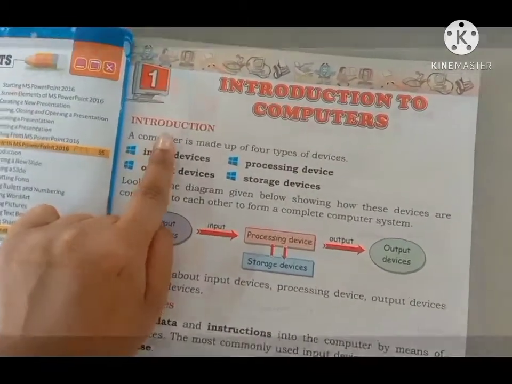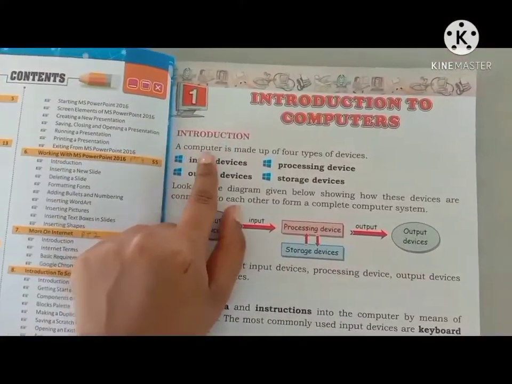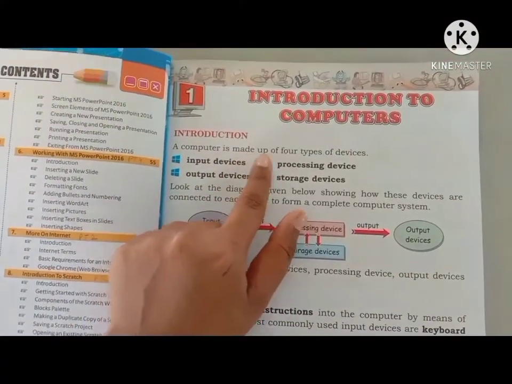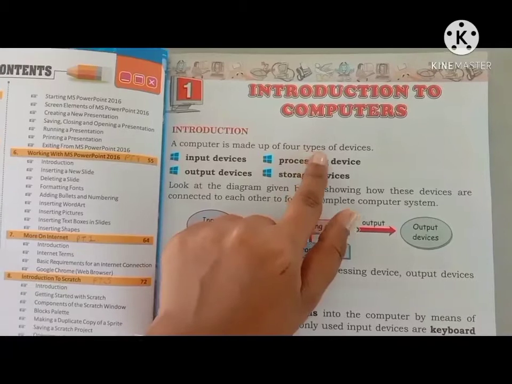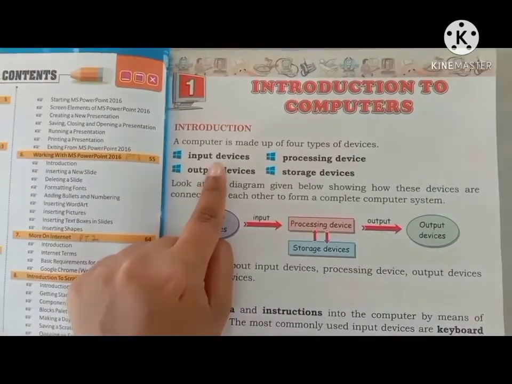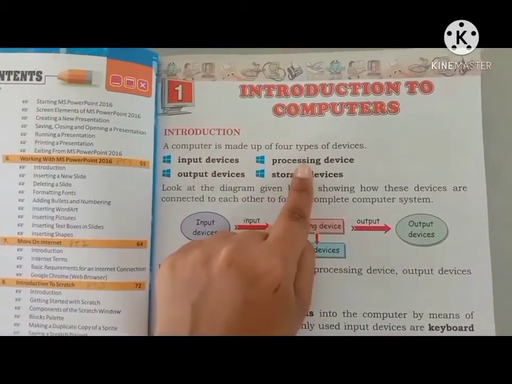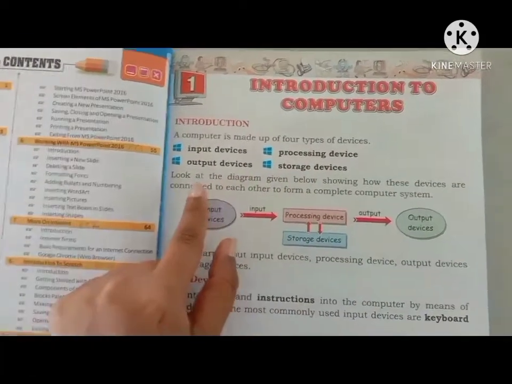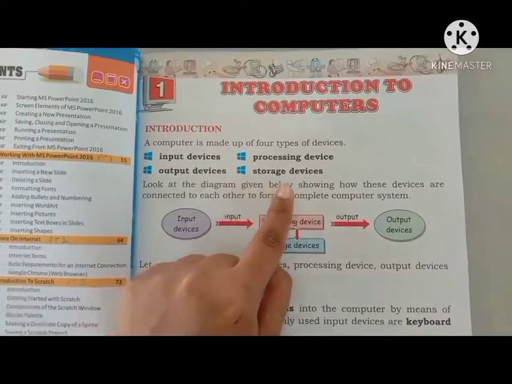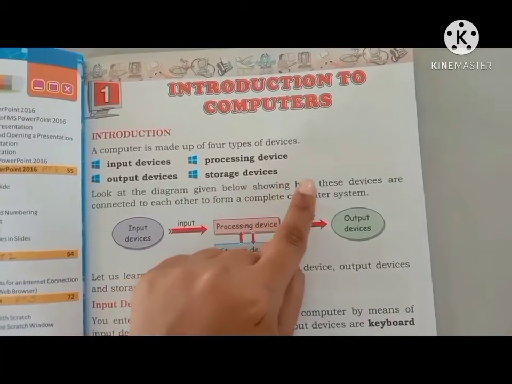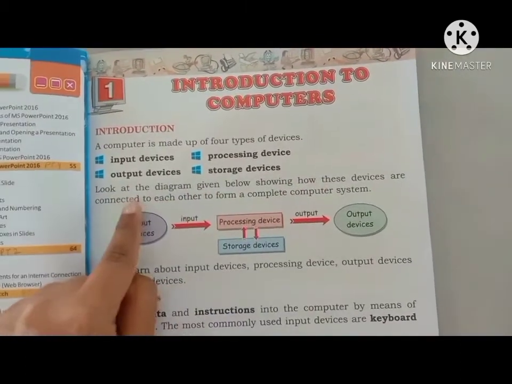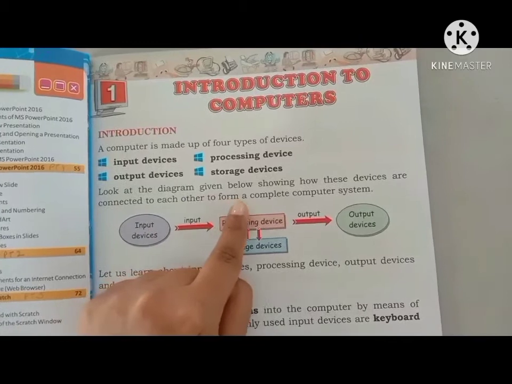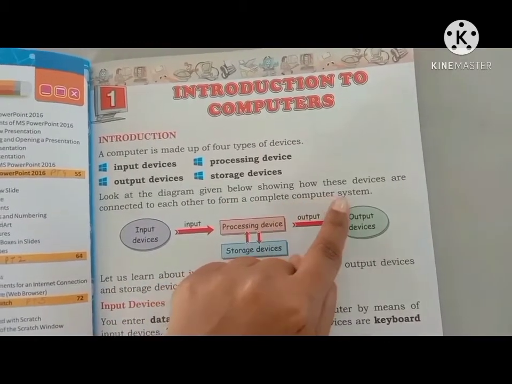Firstly, we have to read the introduction. Our computer is made up of 4 types of devices: input devices, processing devices, output devices, storage devices. Look at the diagram given below, showing how these devices are connected to each other to form a complete computer system.